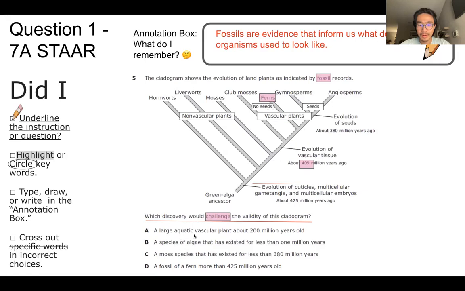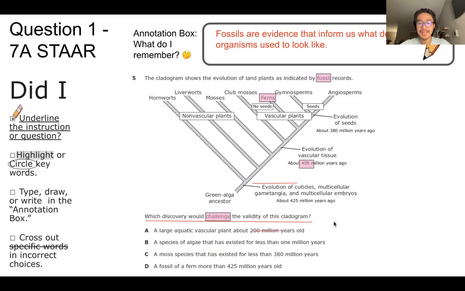So a large aquatic vascular plant about 200 million years ago. Let's find where the large aquatic vascular plants are. So vascular is here. So if you find one that's 2 million years ago, that's like over here. We know that recent, we already have had vascular plants, so that wouldn't challenge anything.